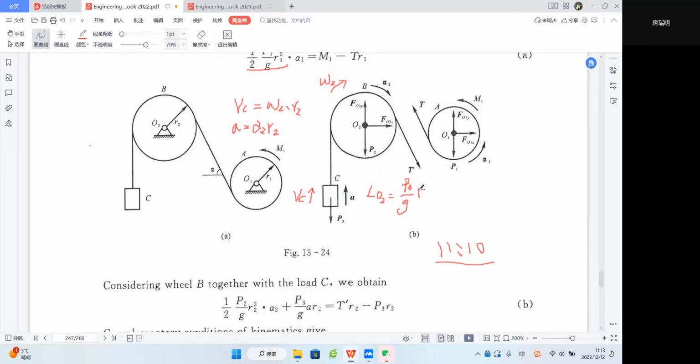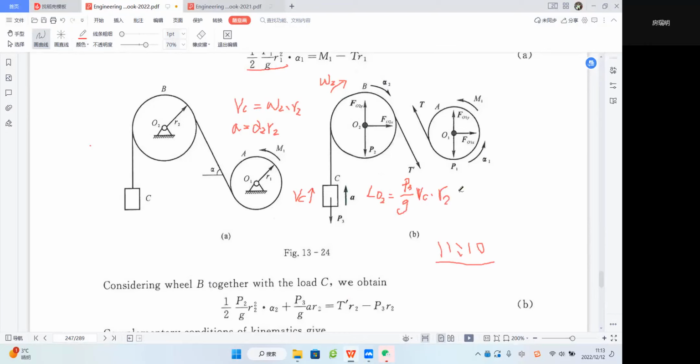We see this momentum is a vector along the vertical direction. We try to figure out its moment about this point O2. So it should be times what? Times r2, right? Why is this part positive? Because we assume this alpha 2 is positive, right? So along this direction is positive.